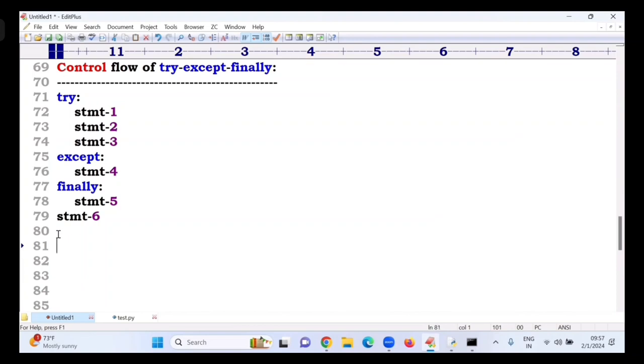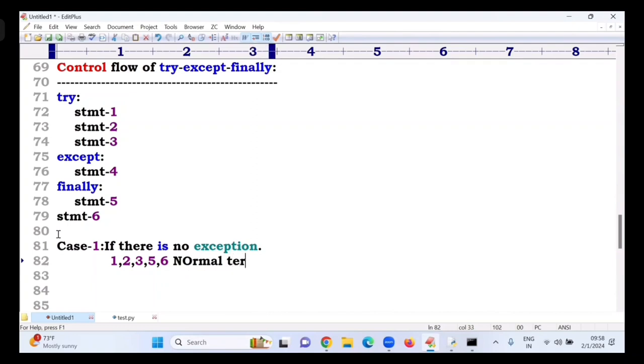So first case. If there is no exception in your program, which statements will be executed? 1, 2, 3, 5, 6. Here no explanation is required, normal termination only, because all the try block statements are executed. There is no exception, so it won't go to the except block.